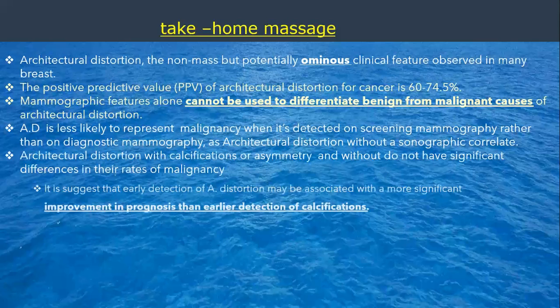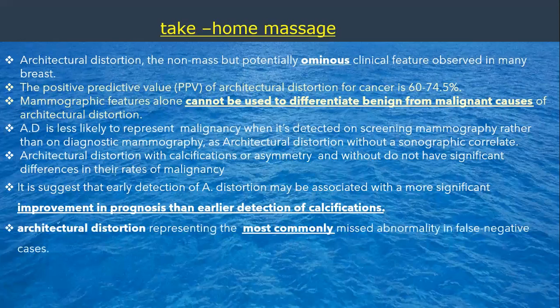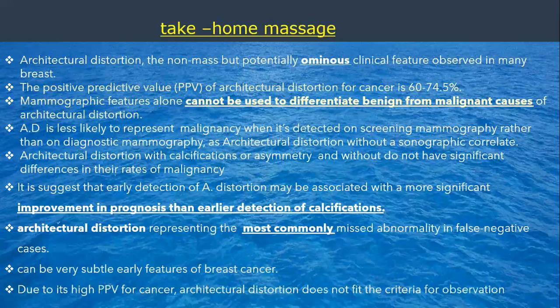It is suggested that early detection of architectural distortion may be associated with more significant improvement in prognosis than early detection of calcifications. Architectural distortion is the most commonly missed abnormality in false negative cases and can be a very subtle early feature of breast cancer.